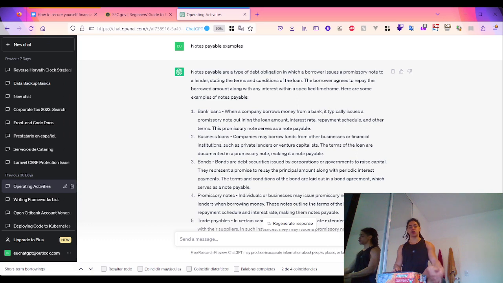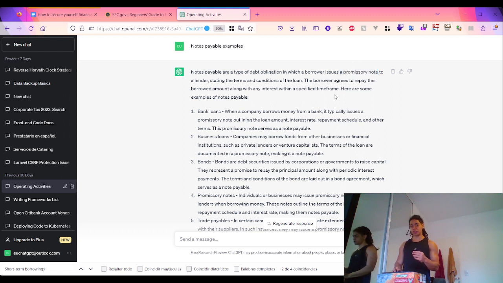Okay, and then I look at notes payable. The subtle difference between this and short-term borrowing is that notes payable doesn't count the time. In fact, this is a promissory note, okay? In Spanish, a promissory note is a pagaré, a promise.